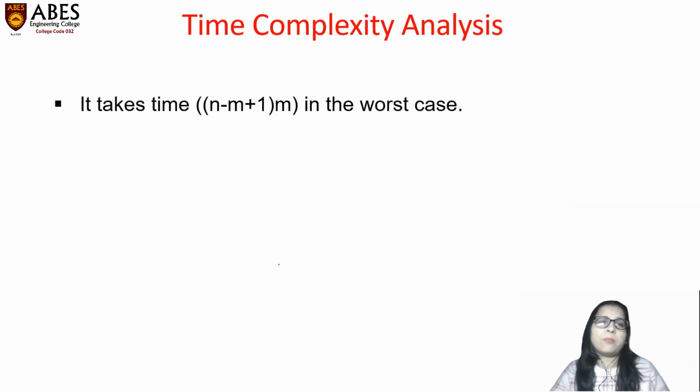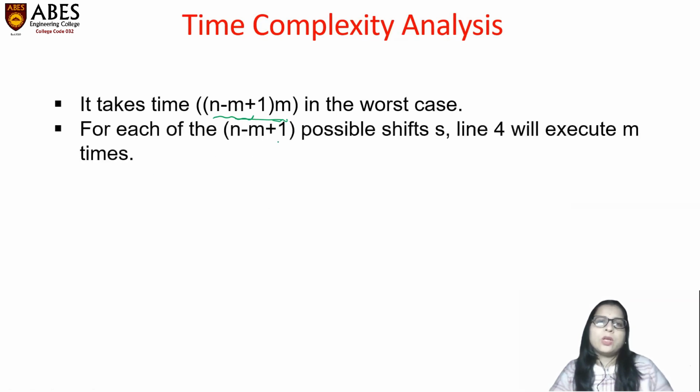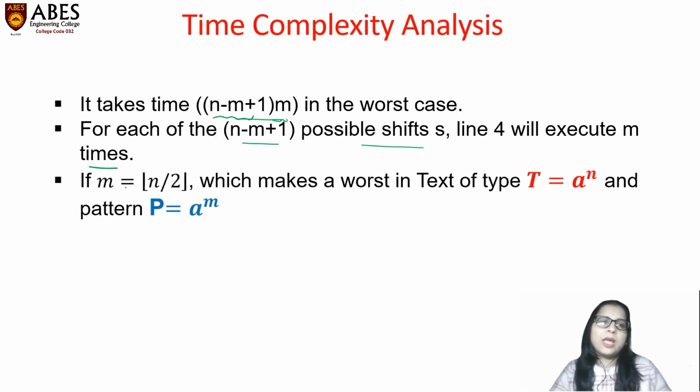Let's take one example. So this is the discussion on it. It takes n minus m plus 1 into m in worst case. So n minus m plus 1 is for the loop, and m is for where we are matching the characters from text T to pattern P. So for each of the n minus m plus 1 possible shifts s, the line will execute m times.